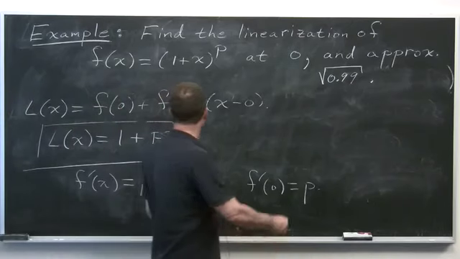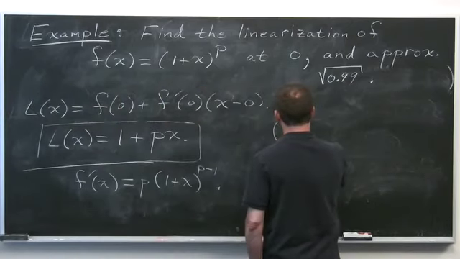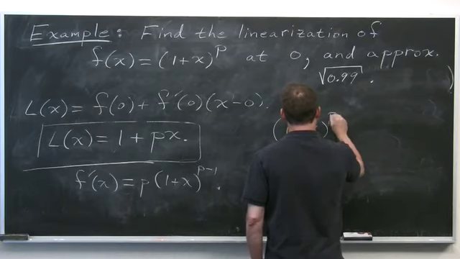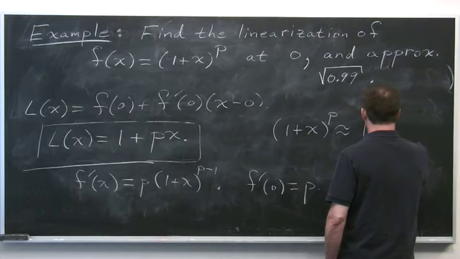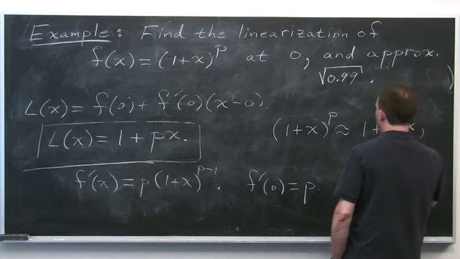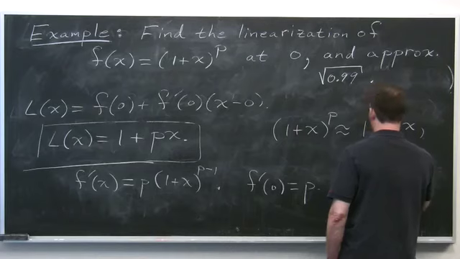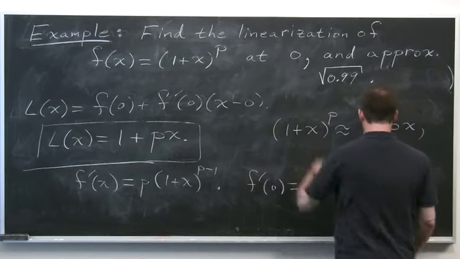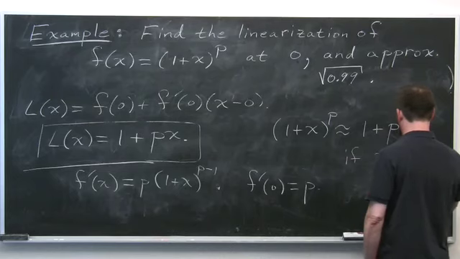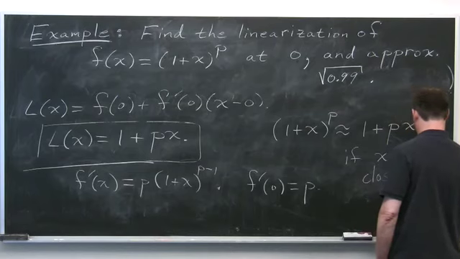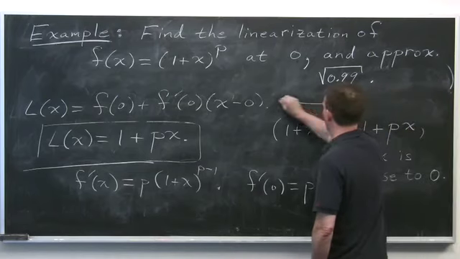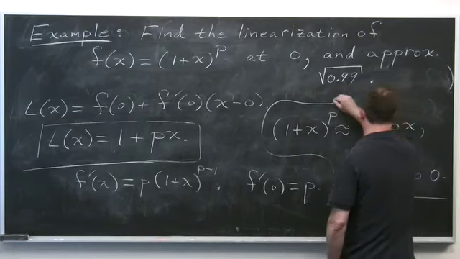And linear approximation then says (1 plus x) to the p is approximately equal to 1 plus p times x if x is close to where we calculated the linearization, if x is close to 0. All right, so that's what linear approximation is telling us.